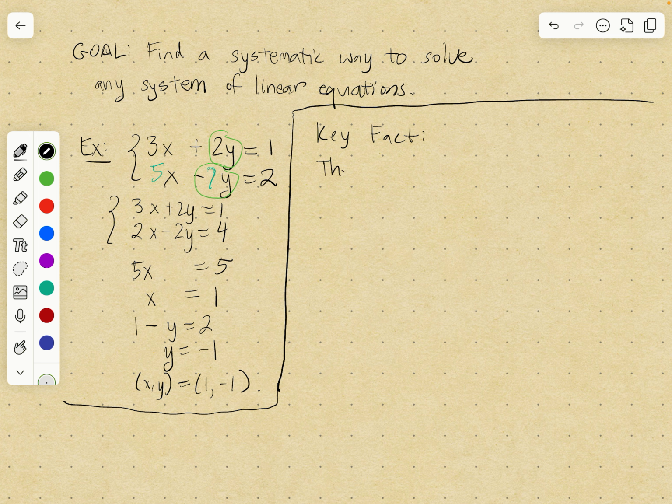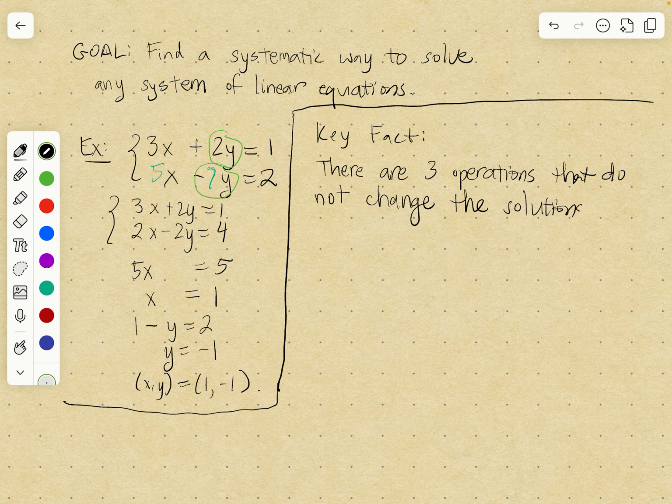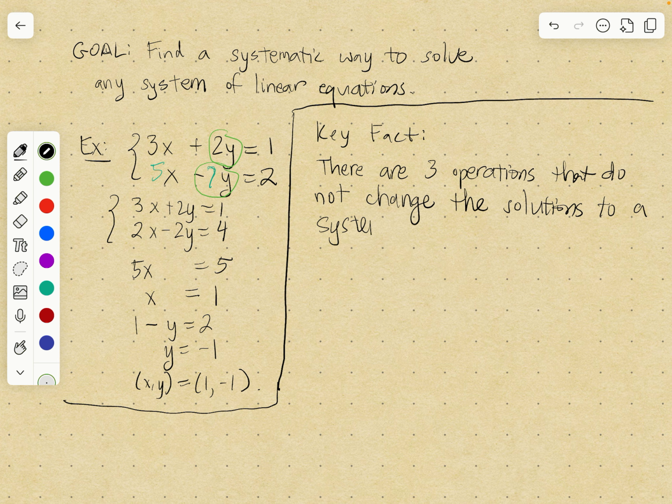So there are three, let's just call them operations, that do not change the solutions to a system of linear equations.